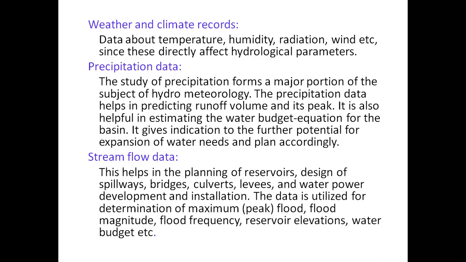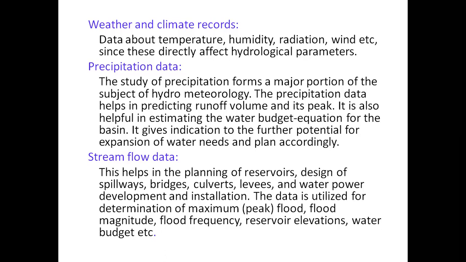So that is one of the most important climate parameters, the humidity. Next, radiation and wind. Wind is also very important to calculate the wind speed. Okay, next, since these directly affect hydrological parameters.